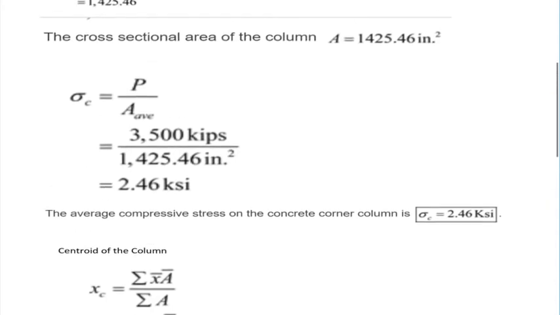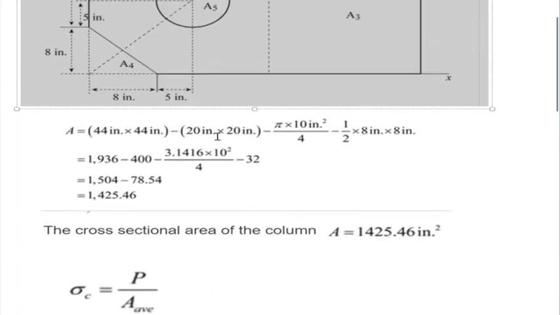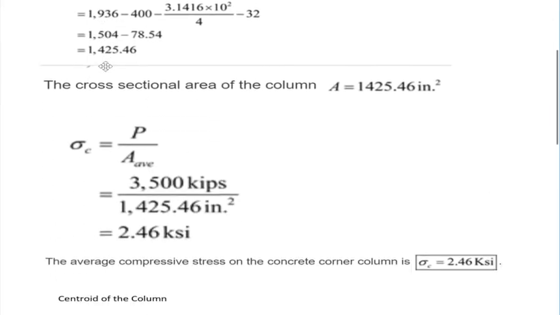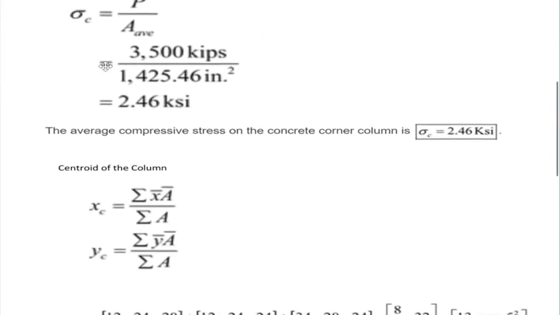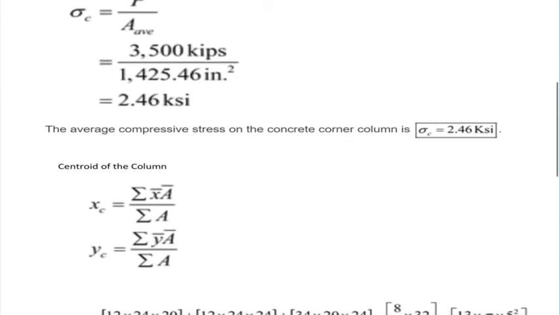The x-coordinate of the center of that triangle would be 8/3 because this side in the x direction is 8 inches, and as we know, the center of the triangle is 1/3 of the height. Now 32 is the area of the triangle. That's why we multiply it by the area.